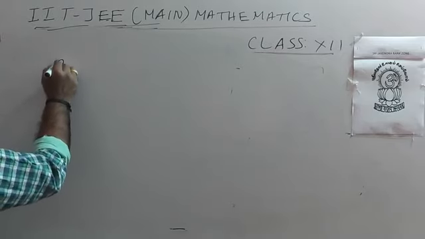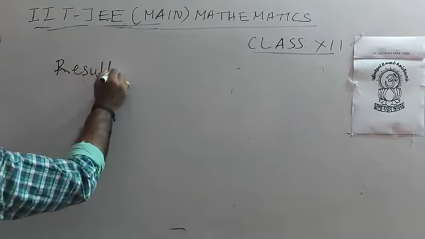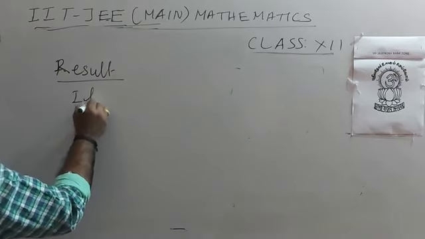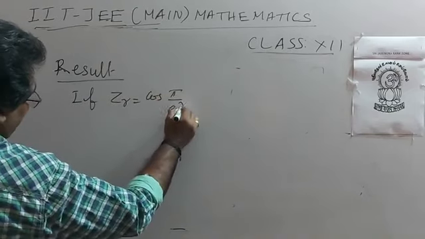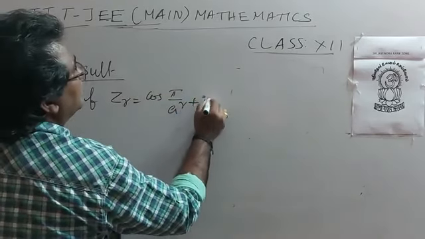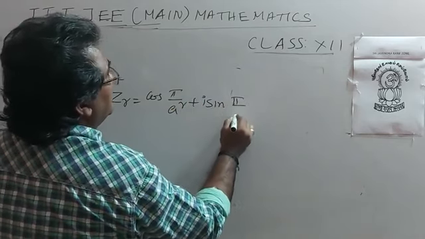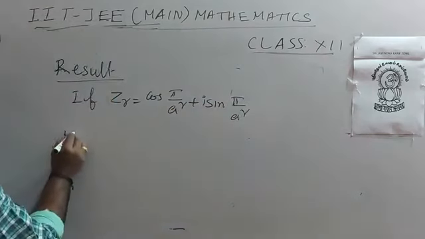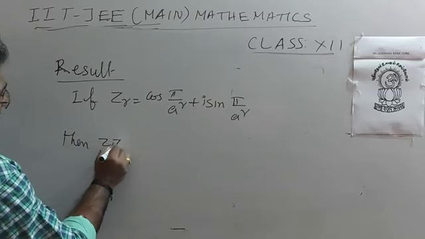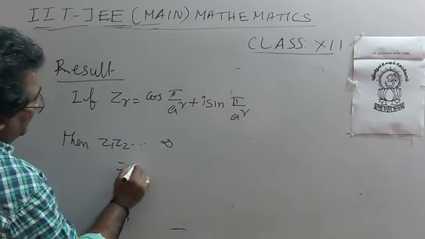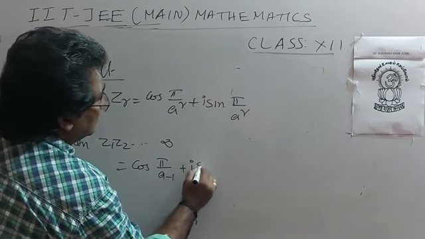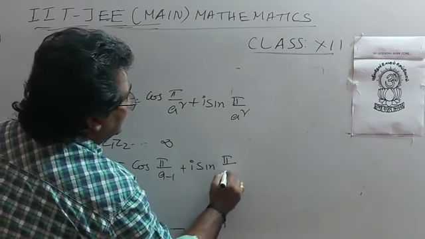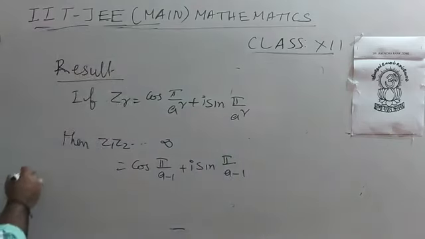If you just take the results: if z_r equals cos pi by a power r plus i sin pi by a power r, then z1 z2 up to infinity equals cos pi by (a minus 1) plus i sin pi by (a minus 1).